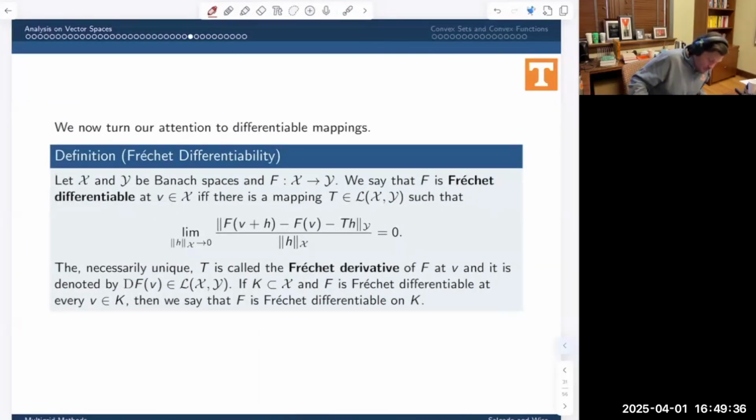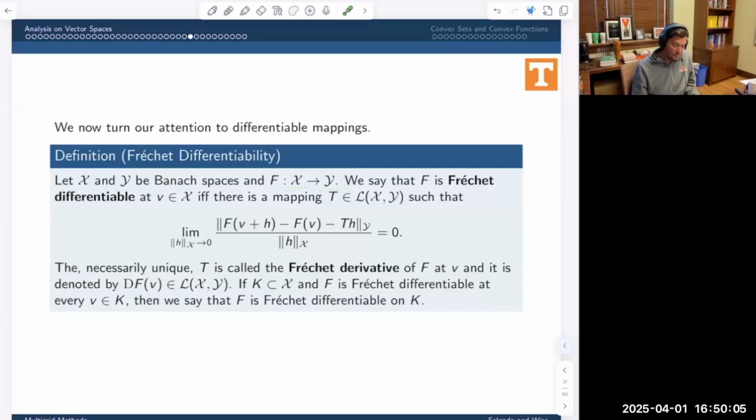Now we're going to turn our attention to the question of differentiating functions that are not necessarily standard. Again, we're looking at functions from a Banach space into R, but let's back up and be even more general for now. Let's just consider functions which are mappings from one Banach space into another.